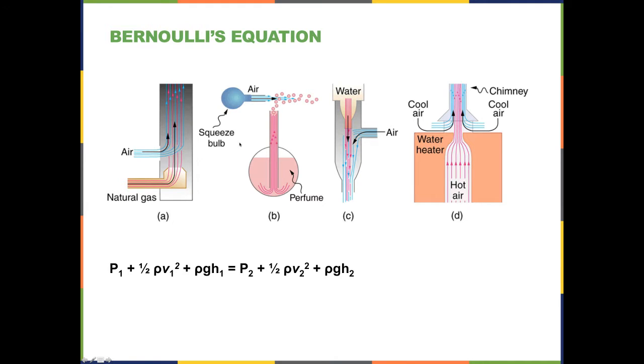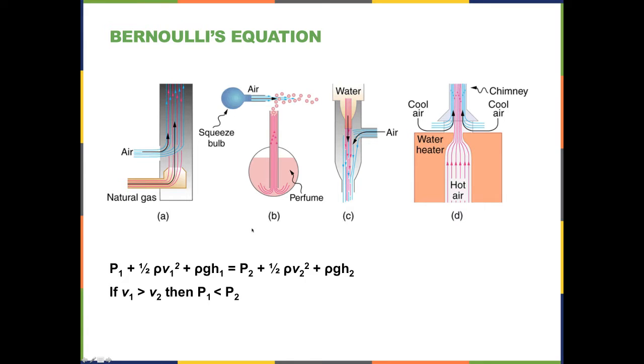Similarly, when a perfume bottle, you're pushing air across an open situation, and again, the pressure here is less than the pressure in here, and that draws the perfume out and leads it to come out.